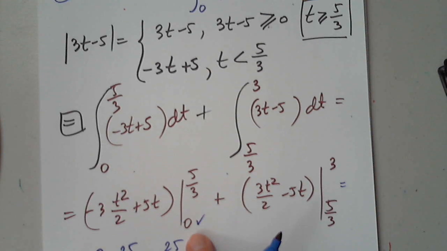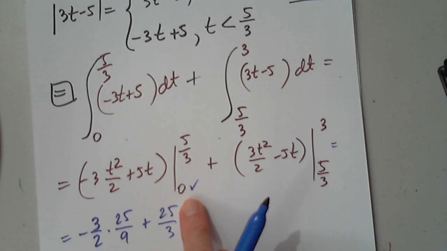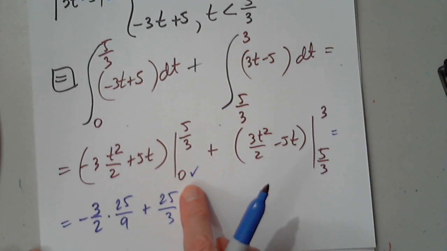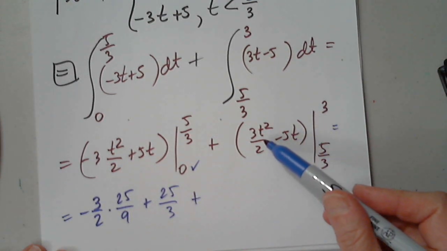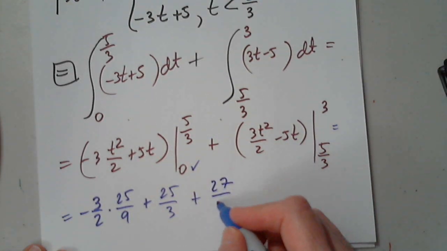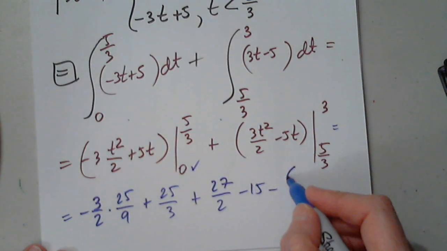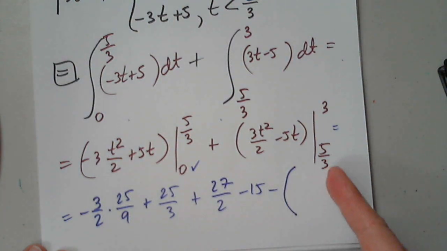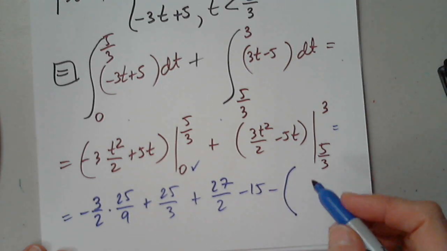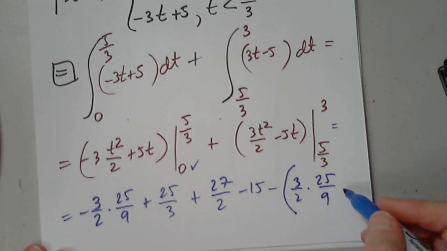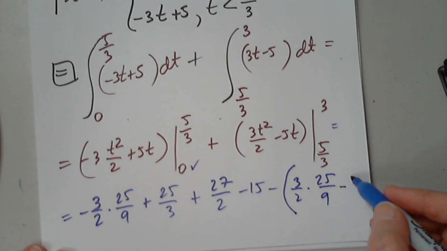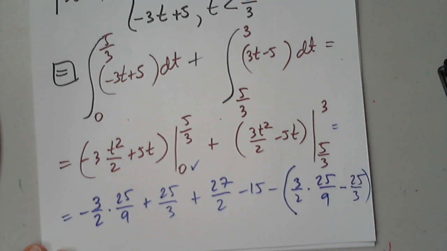Luckily, that's why I love to have a lower limit of 0. I don't have to plug it in. Then plus, so that was the 27/2 minus 15, but minus, careful now, put parentheses because you may forget to distribute a negative sign. So 3/2 times 25 over 9 and minus 25 over 3.